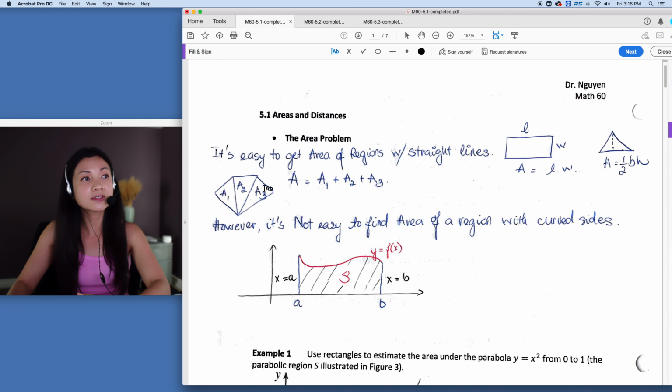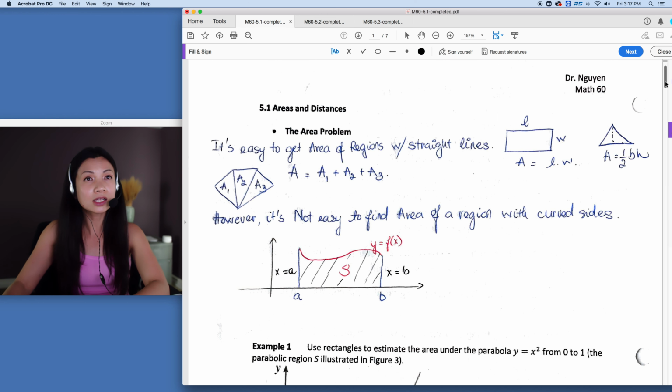If I have a region like this, then I just get the area by adding the areas of the triangles, A1 plus A2 plus A3. However, it's not so easy to find the area of a region with curved sides. For example, if I want to find the area under the curve right here, it's going to be challenging, right?